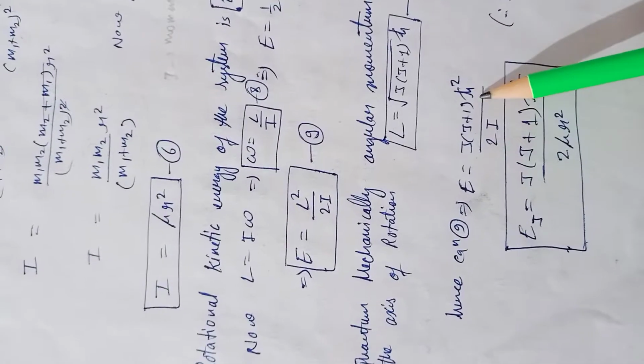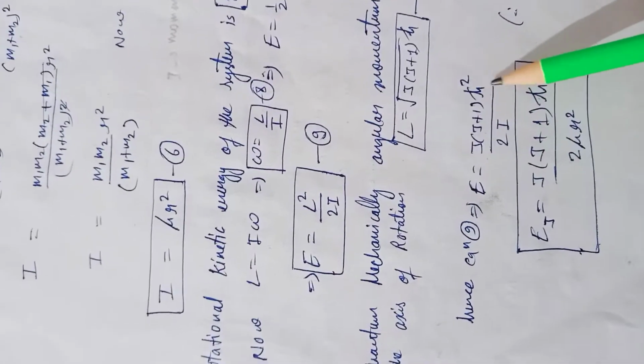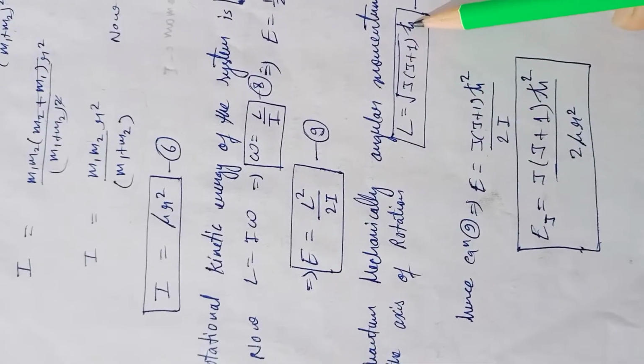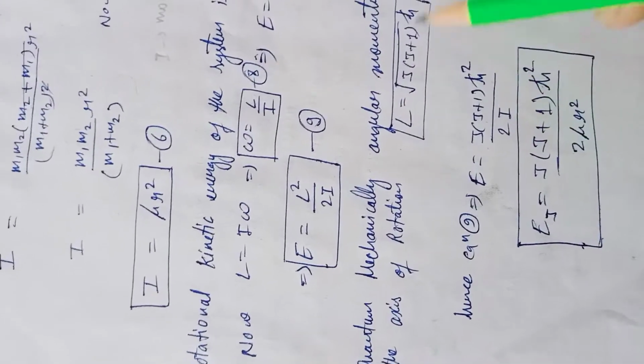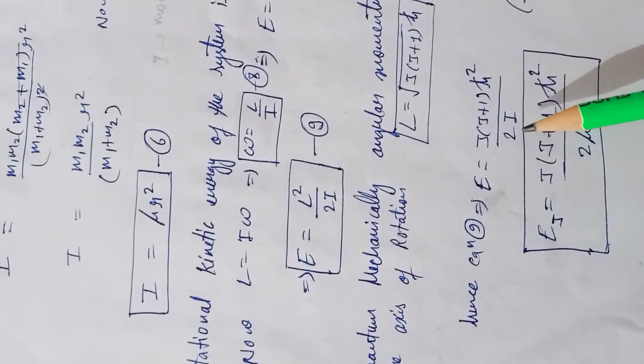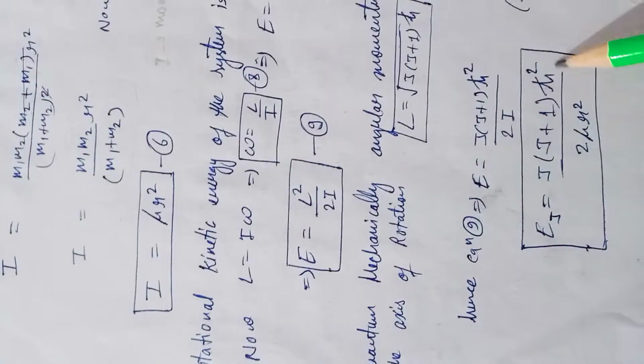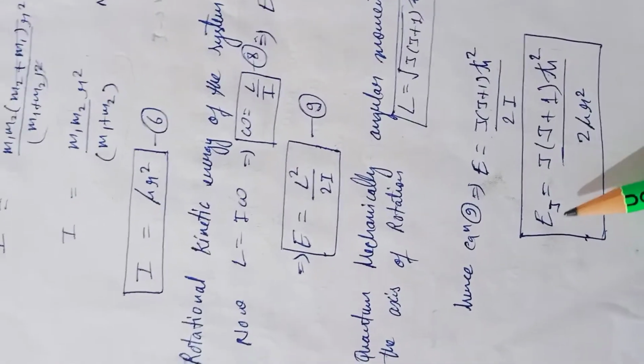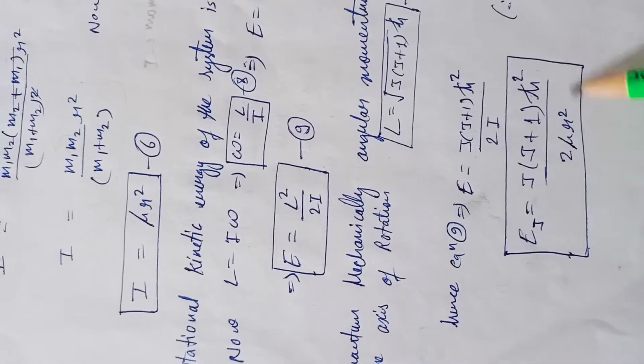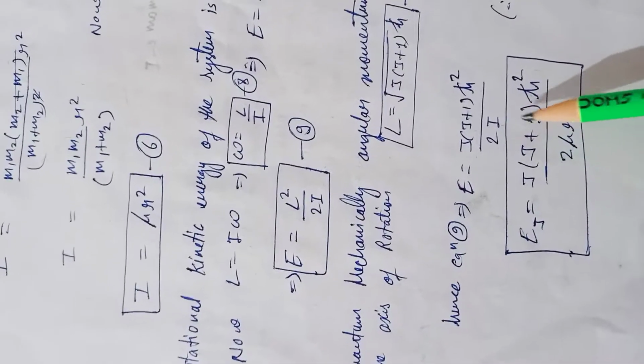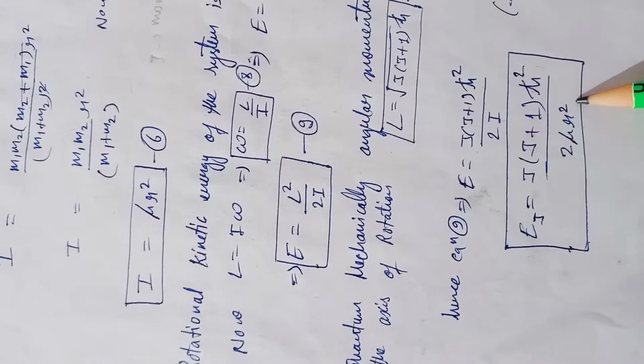Then we'll get J(J plus 1) h bar square, since this is outside of the square root bracket, over 2I. Then in general we will get EJ equals J(J plus 1) h bar square over 2I, and in place of I we will put mu r square.